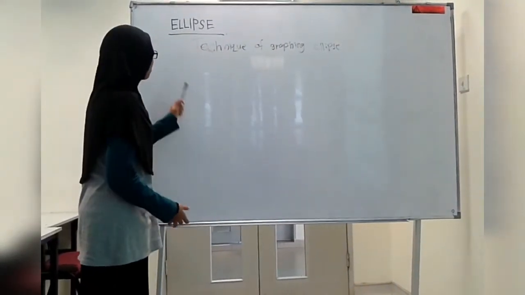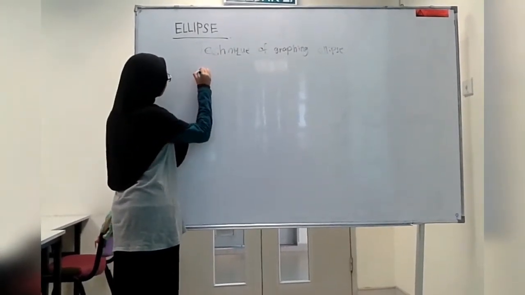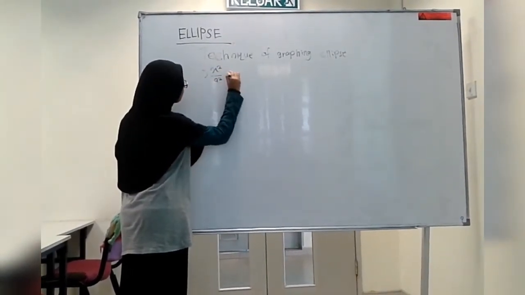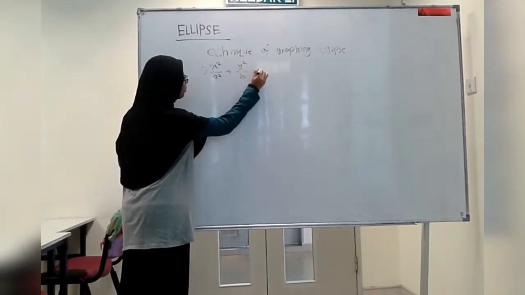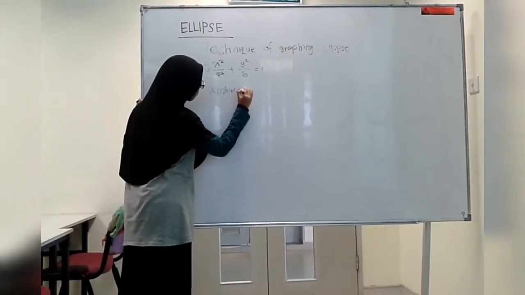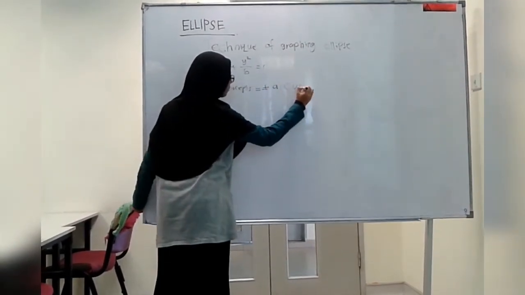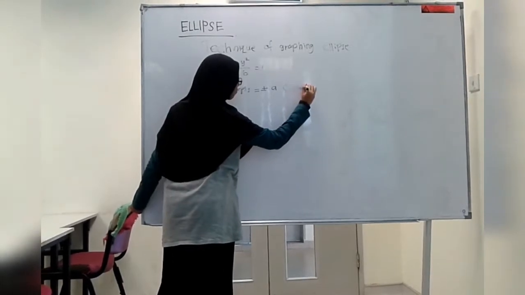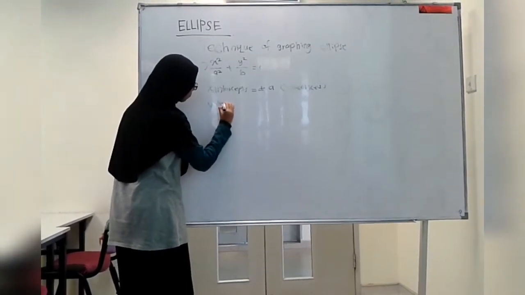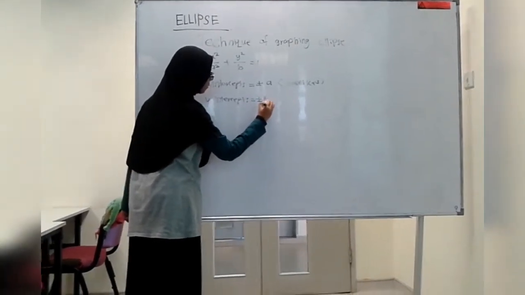Now we're going to look at techniques of graphing an ellipse. We use the first standard equation, x squared over a squared plus y squared over b squared equals 1. The x-intercepts of this ellipse are plus minus a, which are the vertices. And the y-intercepts are plus minus b.